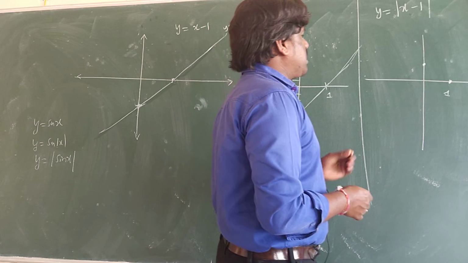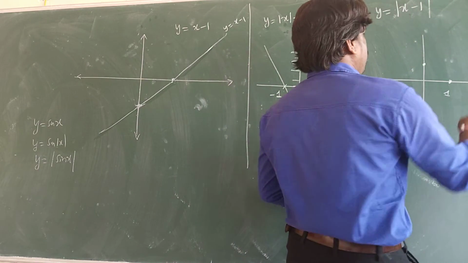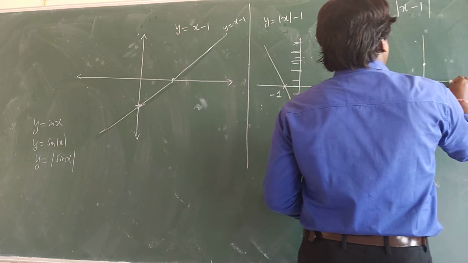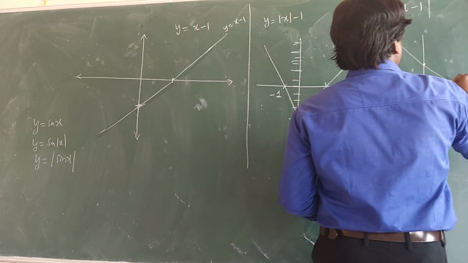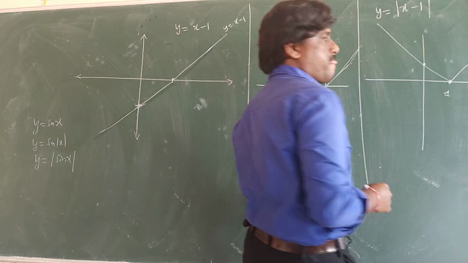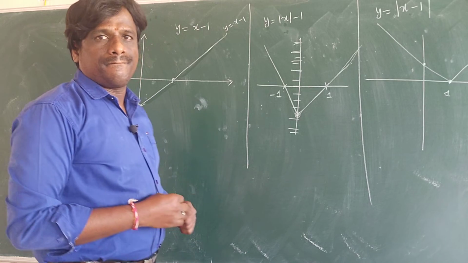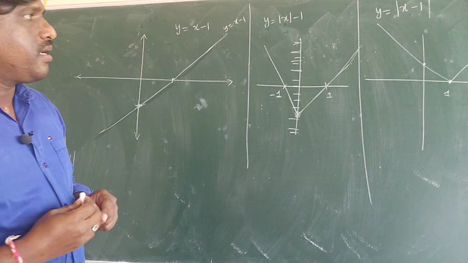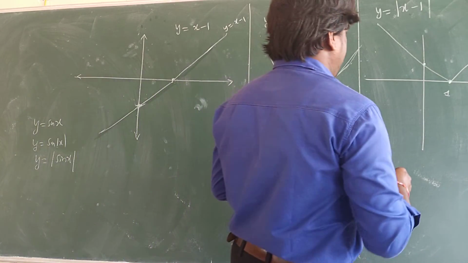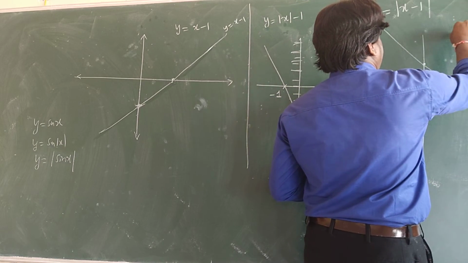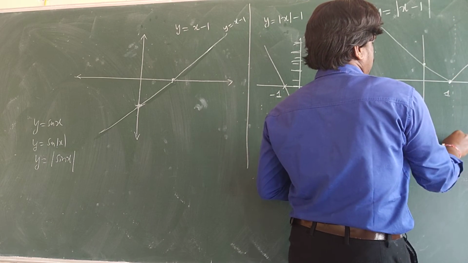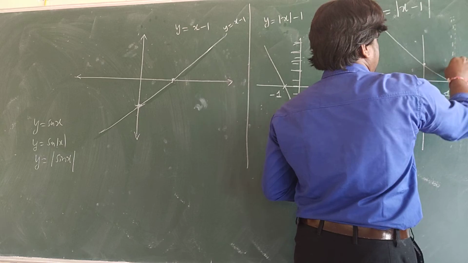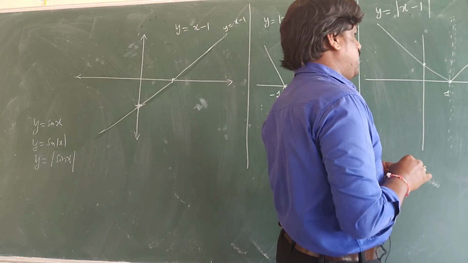If I take x², what do I get? 1. So the graph is going like this. It means what is happening at this particular point is reflected at this particular point.